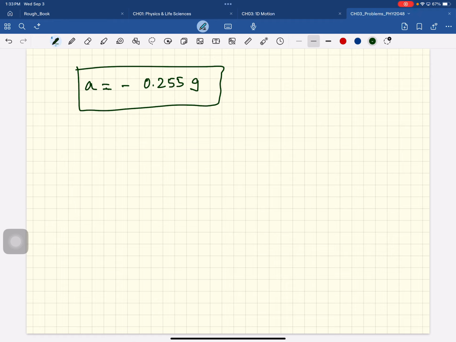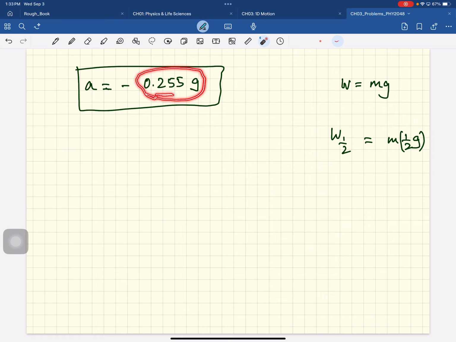What is your weight? mg. Okay. What is half your weight? Okay. So you see, the decelerating force is a quarter of the weight of the car. So that's what that is.